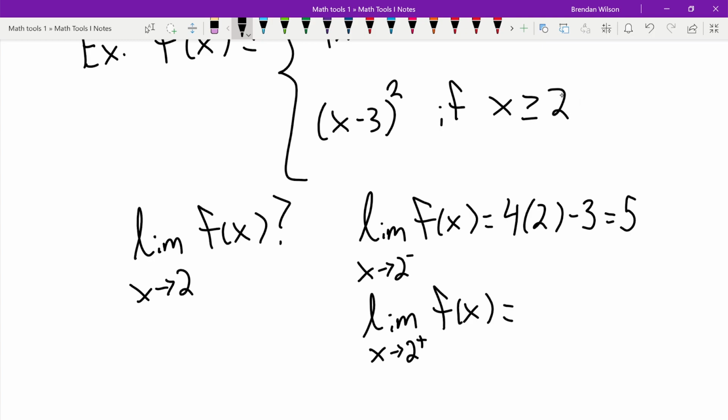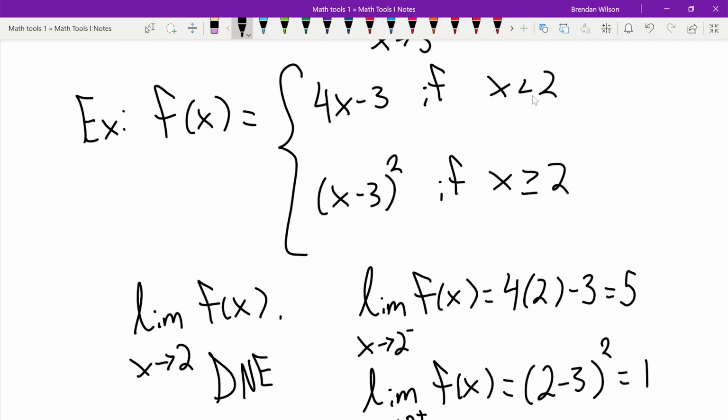So immediately to the right, this function is on the x minus 3 squared part. So we go ahead and put in 2, and we get negative 1 on the inside, squared, so we're going to get 1. So we see these do not equal each other, of course. So the limit here does not exist.